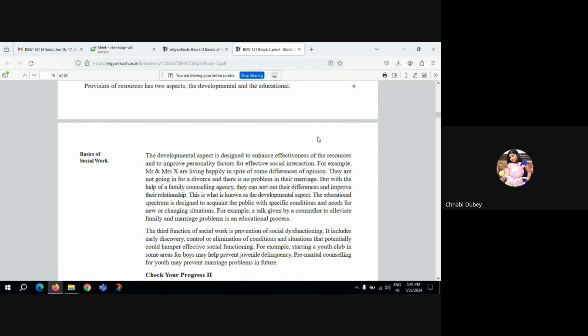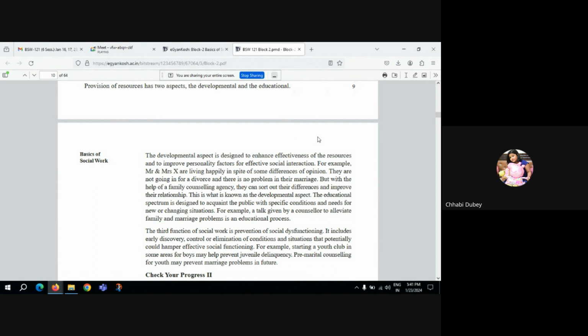The second is the educational aspect, which is designed to acquaint the public with specific conditions. For example, you can educate a particular community on various issues like HIV/AIDS and how we can control its spread.